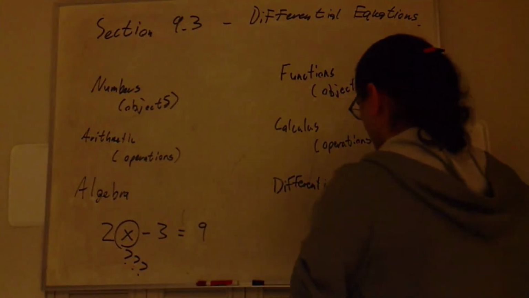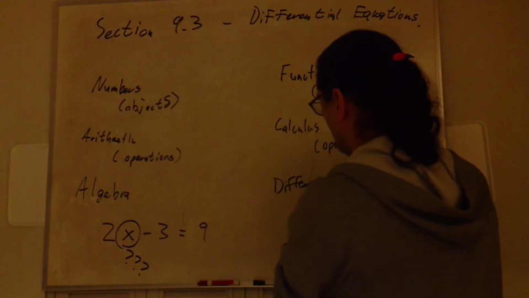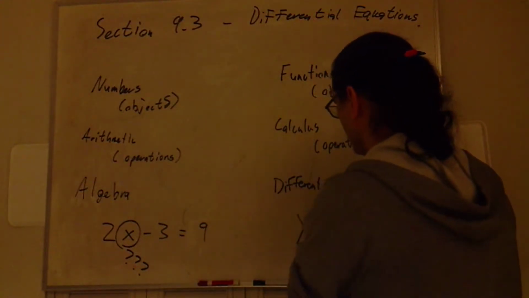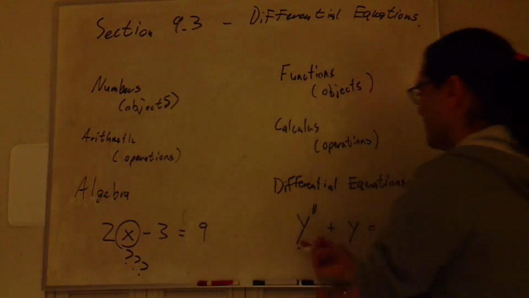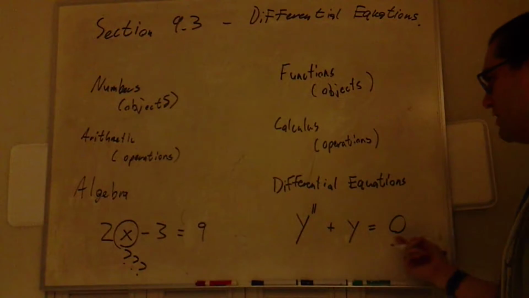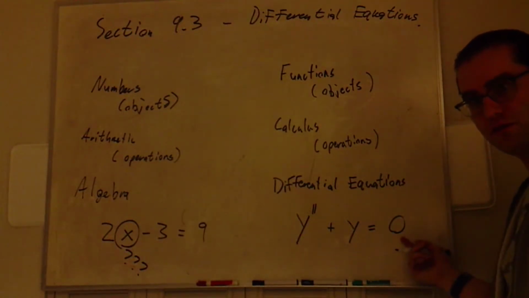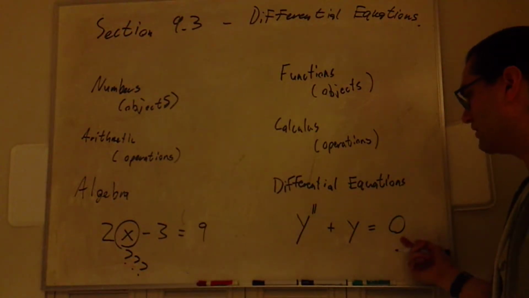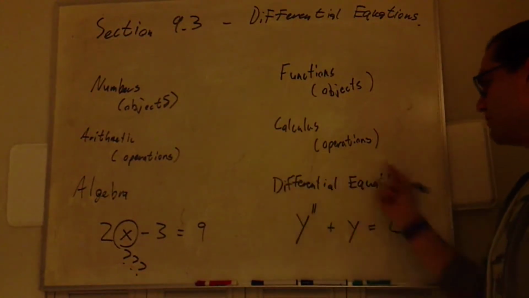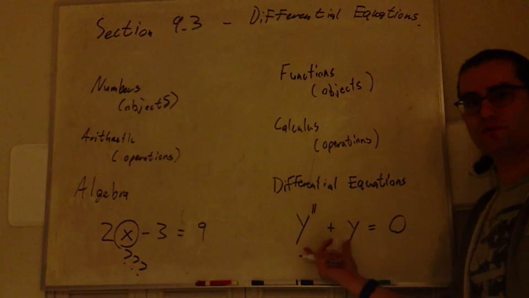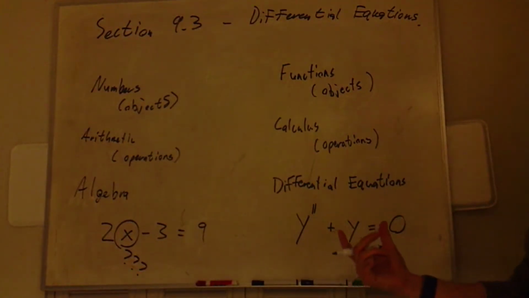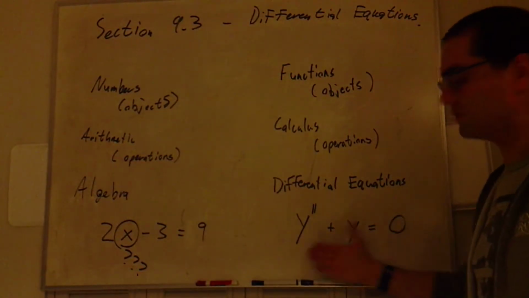You get these equations where known operations have been performed on an unknown function, and the result is known. So differential equations is all about trying to work backwards to undo these known operations so that you can discover what the original function was.